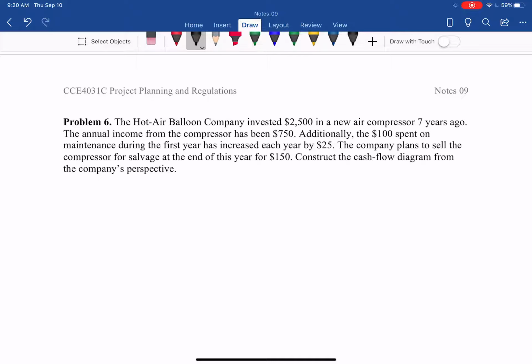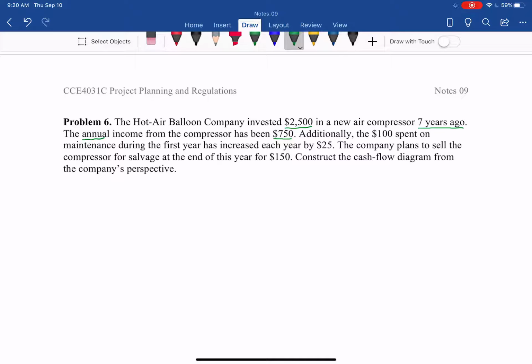The hot air balloon: pause, read, try to draw, and then go back to the video to see whether you did it correctly. The hot air balloon company invests $2,500 in a new air compressor 7 years ago. The annual income from the compressor is 750 per year.